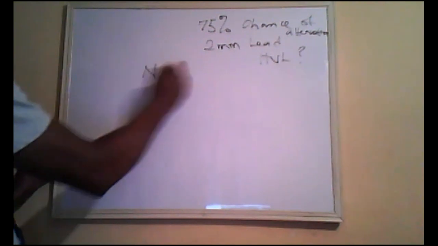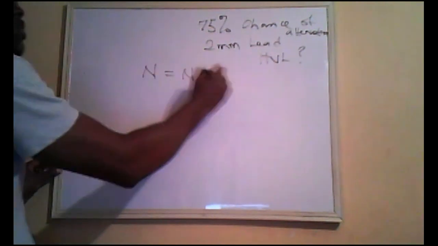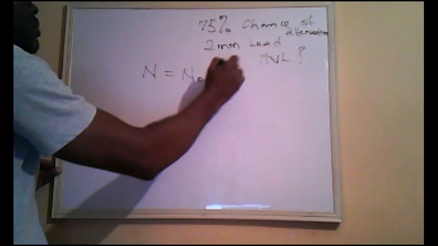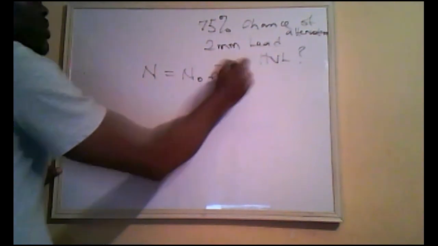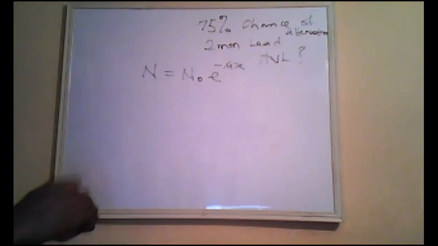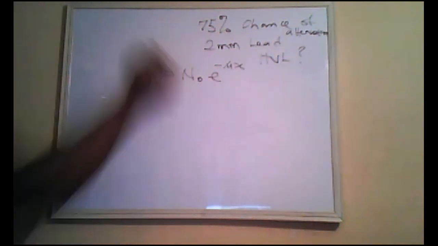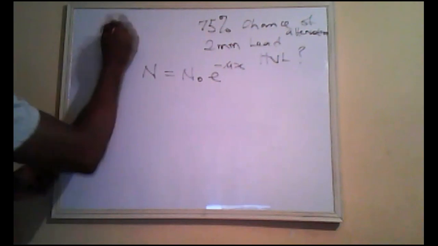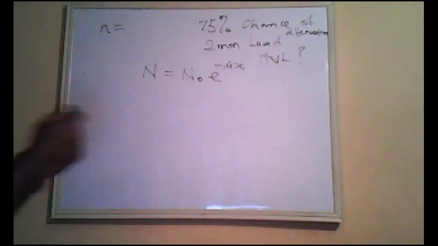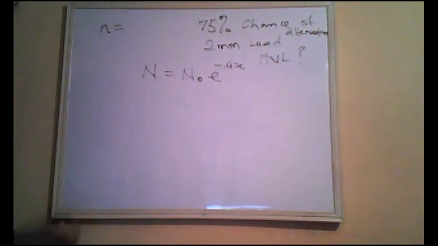This is the equation we use, N equals N naught e to the minus mu x, because this is the much more general equation. It's not the same thing as the small-thickness approximation, and you can't use that because we weren't told that this 2 millimeter lead is a small thickness.